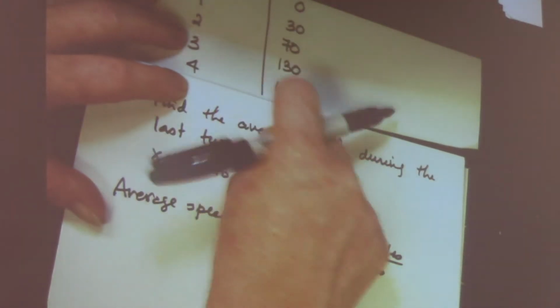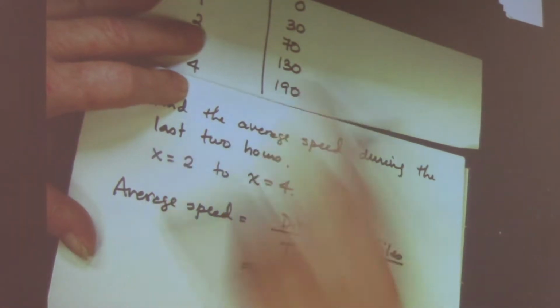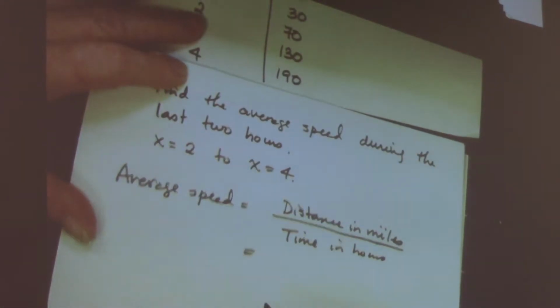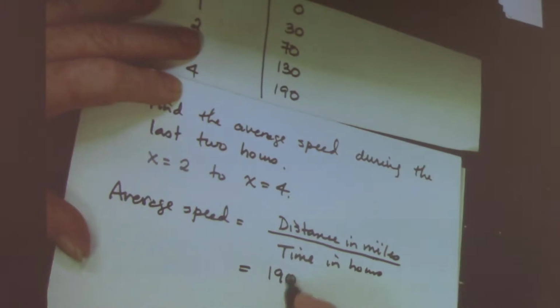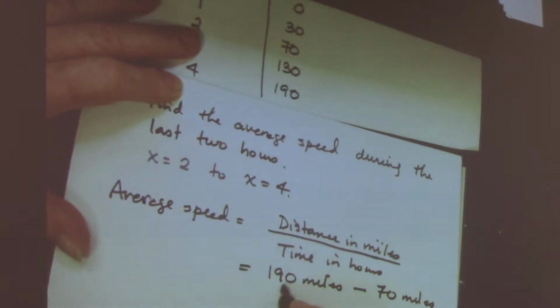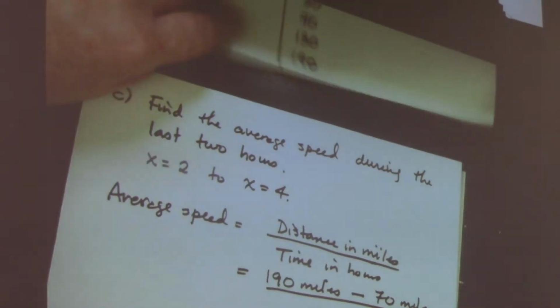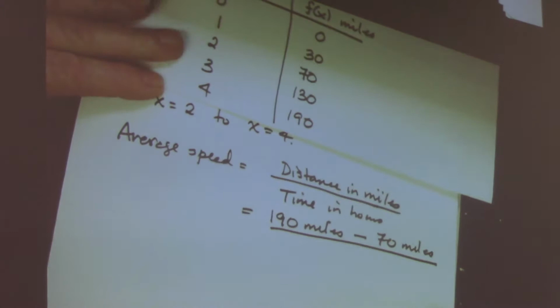So I was able to go a difference of 120 miles, but let me write it: 190 miles minus 70 miles divided by what amount of time?